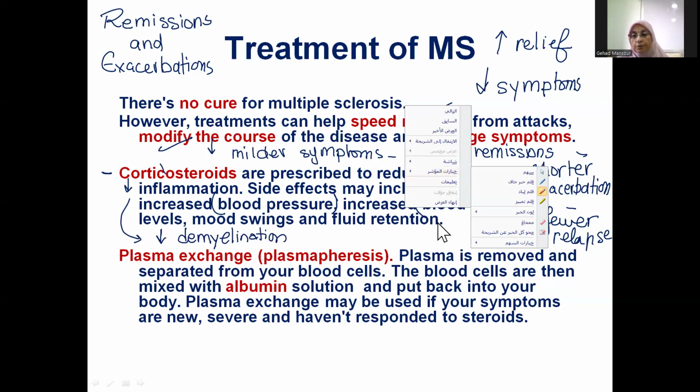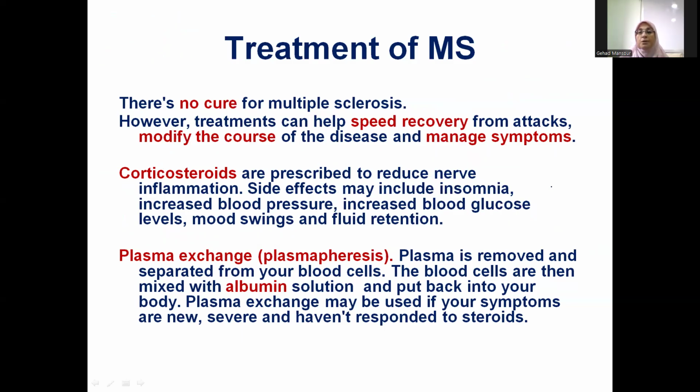Furthermore, increased levels of cortisone might result in sleep disturbances to the extent that the patient might be unable to sleep, insomnia, and mood swings, mainly depression, by the way. People who take cortisone for a long period of time are usually depressed, in addition, of course, to the very severe symptom of fluid retention.